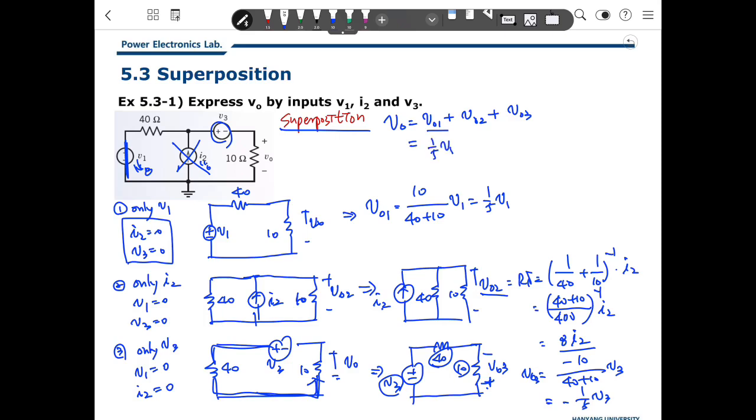That is 1/5 V1 plus 8 I2 and minus 1/5 V3. It's the same result as we saw before. Even though the procedure is a little bit different, the result is the same.